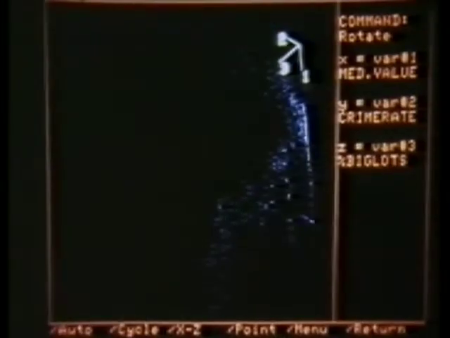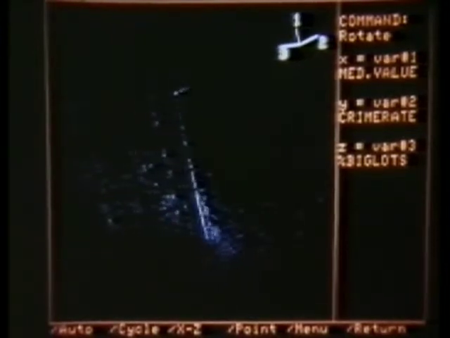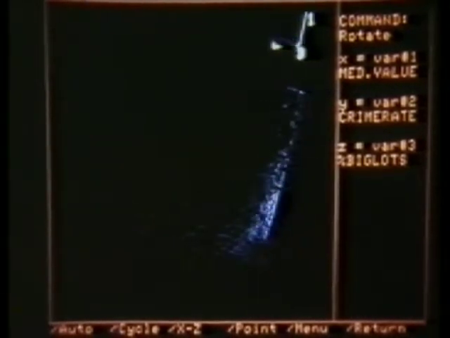One of the most striking functions in this kind of graphic system is the ability to use motion to show three-dimensional scatter plots. In this particular three-dimensional scatter plot, we see variable 1, housing price, variable 2, crime rate, and variable 3, percentage of lots zoned for more than 25,000 square feet.